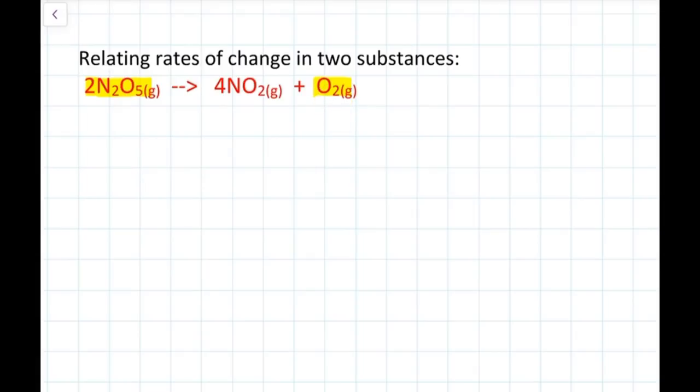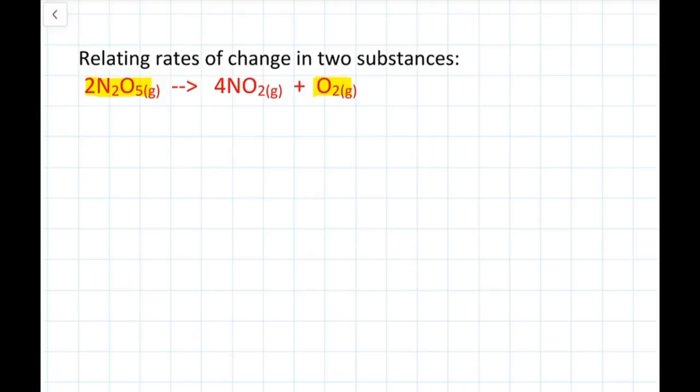And so what that means is the N2O5 is going to be going down in concentration twice as fast as the oxygen is going up. So because it takes two molecules of this to make one molecule of that, what we're going to do here is just sort of relate them to each other.